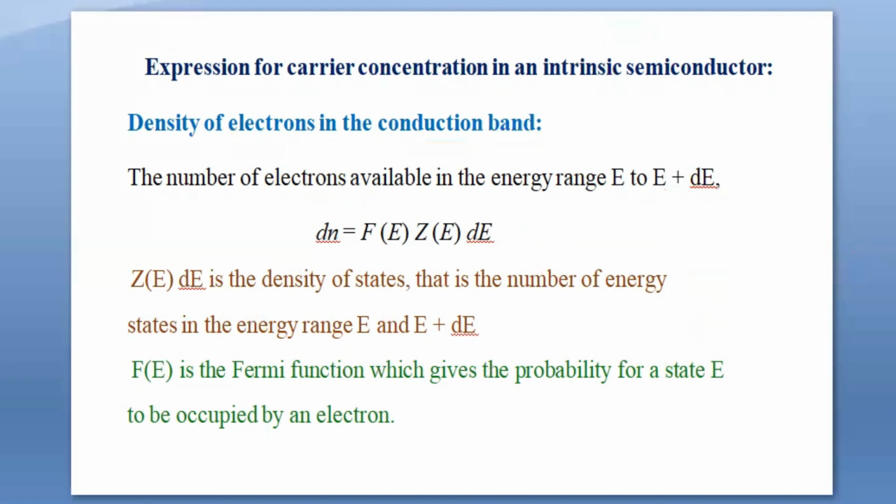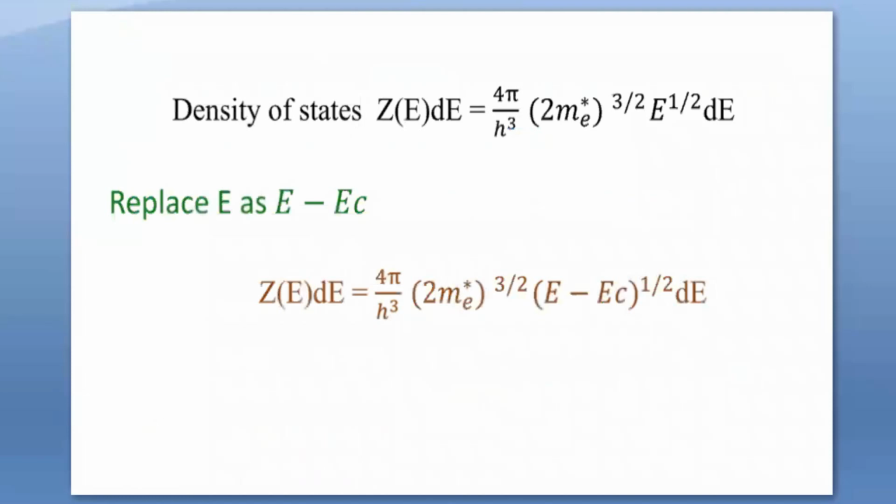The density of states for these conduction electrons is given as Z of E dE is equal to 4 pi by h cube, 2 me star whole power 3 by 2, E to the power of 1 by 2 dE. Here we are considering the energy levels only above the bottom of the conduction band.